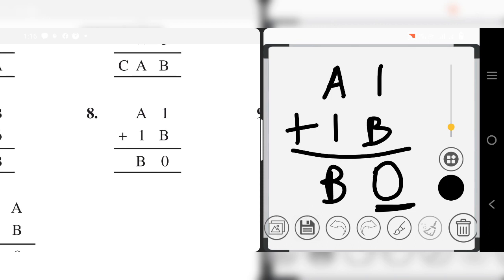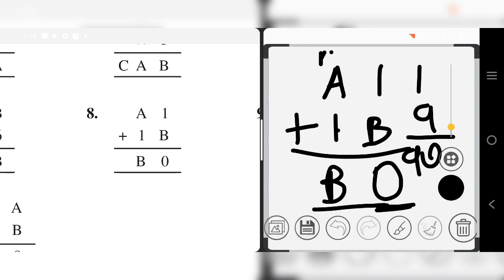So if it is 10, here 0 and 1 carry. Okay. So 1 plus B is 10. We count 1, 2, 3, 4, 5, 6, 7, 8, 9, 10. So we got 9. So B value is 9, and A plus 1 plus A plus 1 is equal to B. So B is equal to 9, right? We have found here. So 90 is the answer.